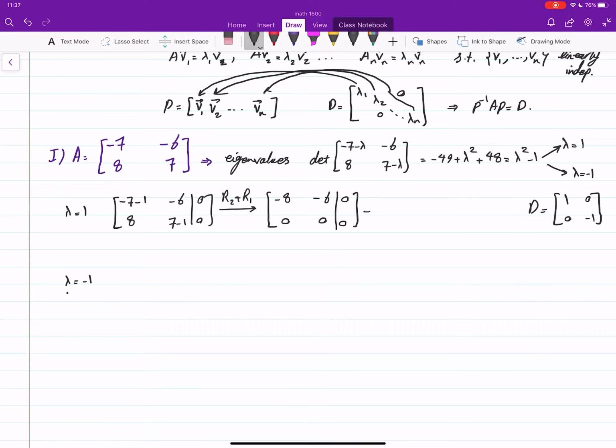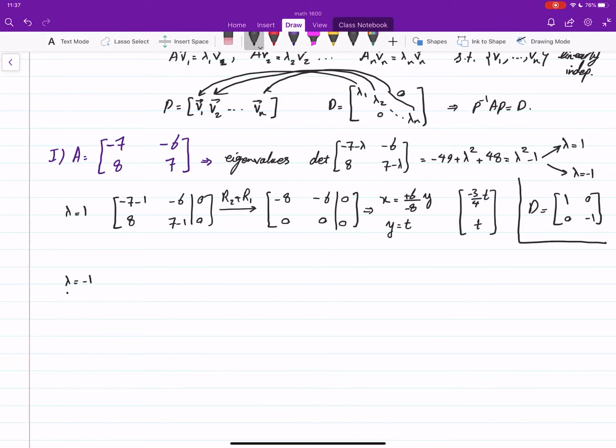From here, you see that x is 6 over -8 times y, and y is a free variable. The eigenvectors of this are going to be, well, we can simplify, -3, 4 times t, for any non-zero t.